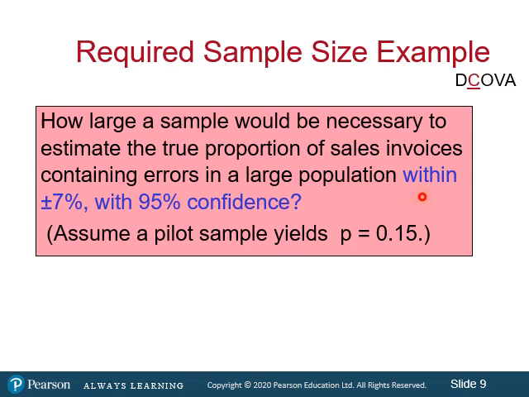How do we calculate the required sample size in an example like this? How large a sample would be necessary to estimate the true proportion of sales invoices containing errors in a large population within plus minus 7% with 95% confidence? Assume a pilot sample yields your p equals 0.15.